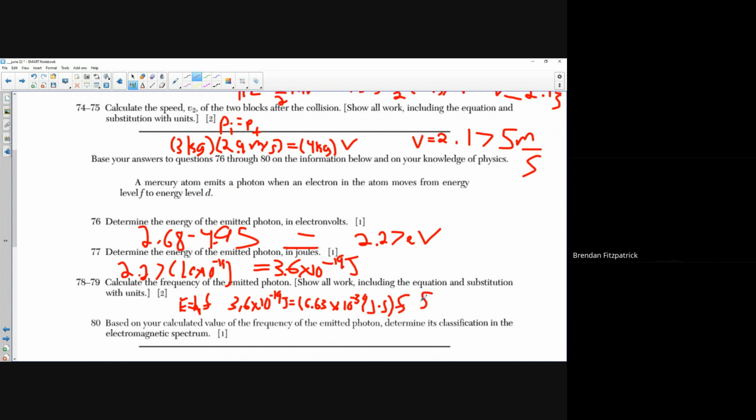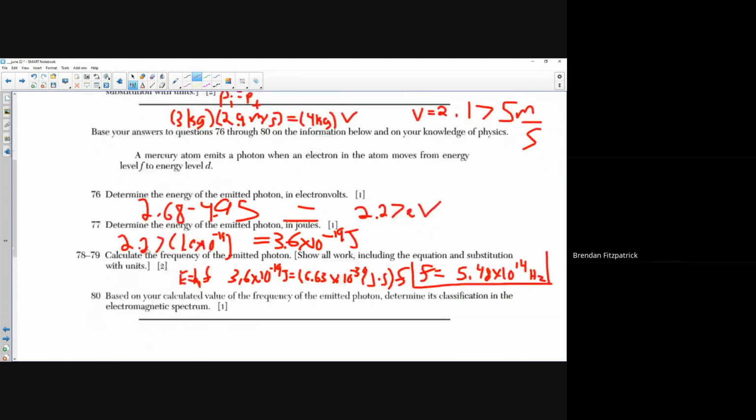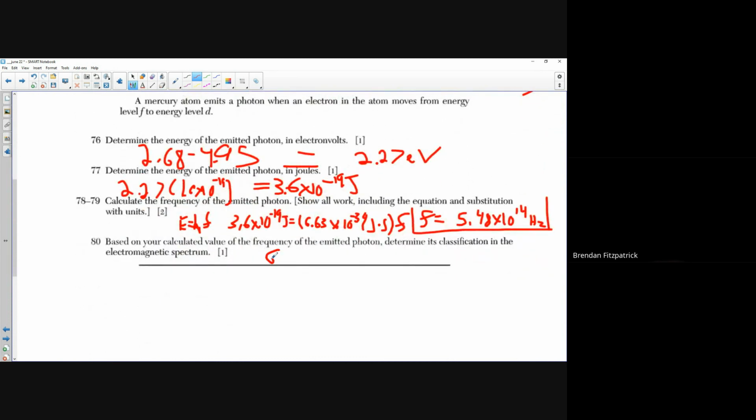So when I solve for f, plug it in my calculator wrong. There we go. 5.48 times 10 to the 14th power. Unit is hertz. That is green light. Yep, it's green.